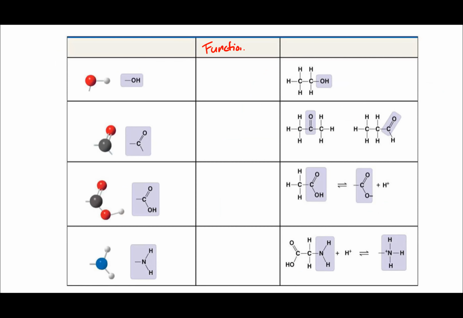The first one is made out of an O and H. This is hydroxyl. The second one is made out of a double-bonded O connected to a carbon. This is carbonyl.